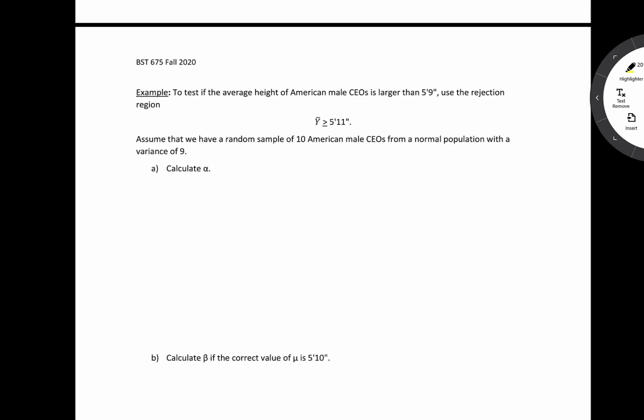So assume we have a random sample of 10 American male CEOs from a normal population with a variance of 9. So notice we are saying that our population variance is equal to 9 here. So the first thing we're going to do is calculate alpha. And remember that alpha is really your type 1 error.